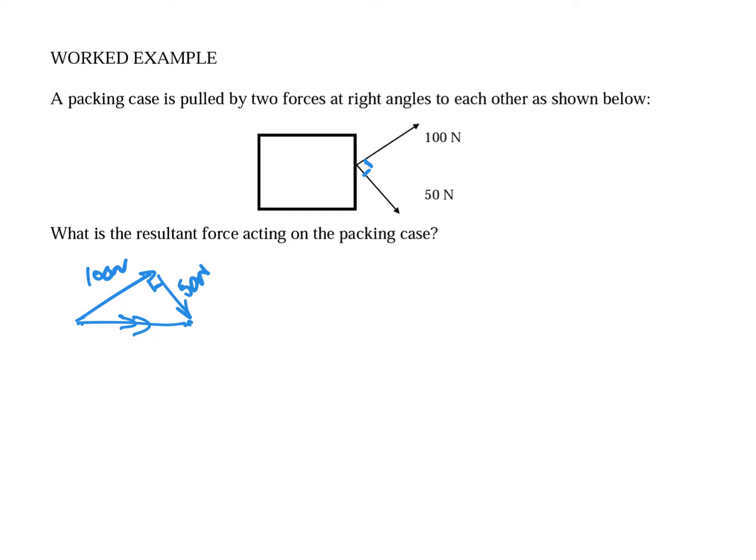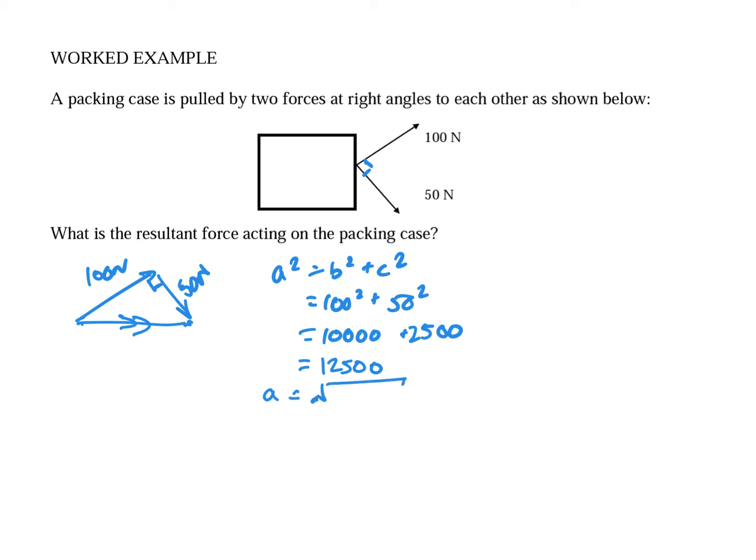So how can we work out the size of that? Well, it's quite straightforward, bit of Pythagoras. So A is square root 12,500, which equals 112 newtons. And for the angle, I'm going to call it x.